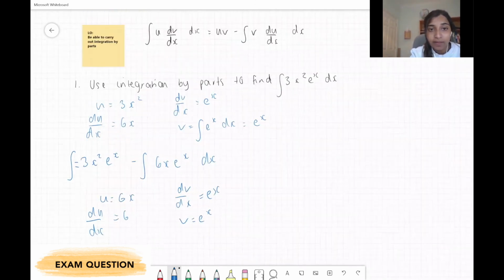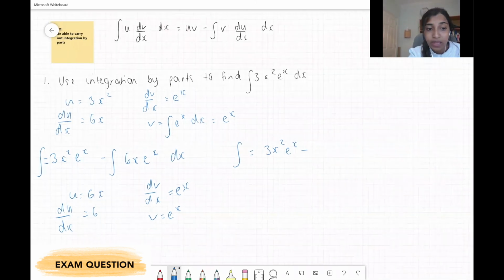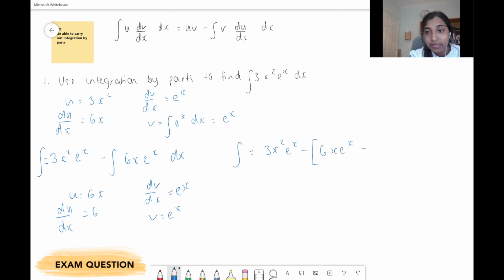So our integral is now equal to 3x squared e to the power of x minus, and we're now integrating this bit, so let's put it in brackets, uv, so 6x e to the power of x, minus the integral of v times du over dx. Our v is e to the power of x and du over dx is 6, so the integral of 6 e to the power of x dx.